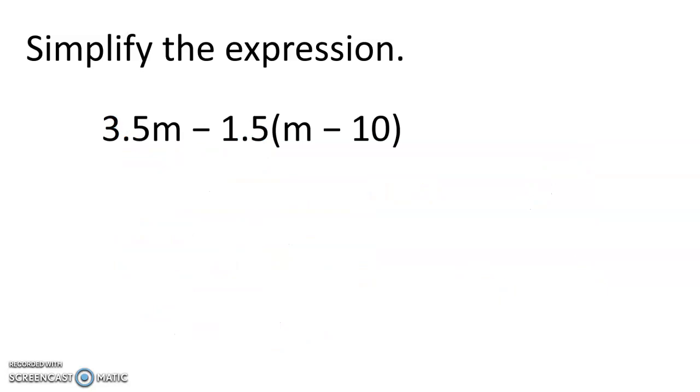All right, decimals. Now be careful, this one. The 3.5m is not touching the parenthesis, only this is. Now, I'm going to include this minus sign with it, okay? Or you go plus negative and include the negative. So right here, we still have our 3.5m.